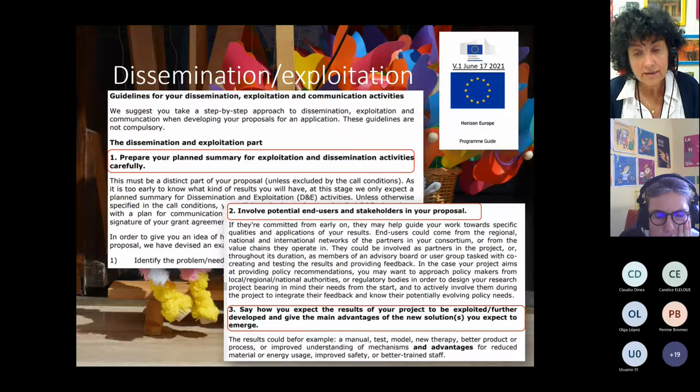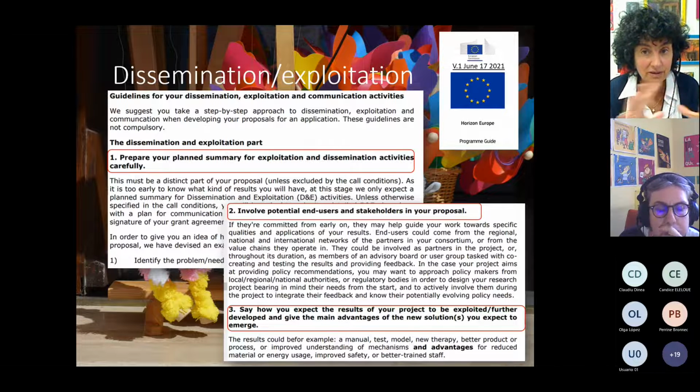In the program guide, again, there is a clarification about this, I would say, pretended fight between dissemination and exploitation or protection of your results. Bear in mind that dissemination and exploitation are not the same, just like communication is another concept.